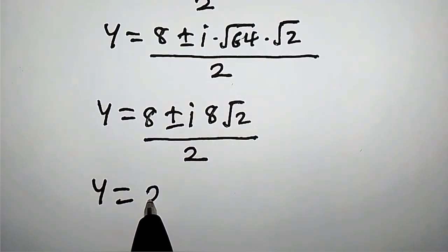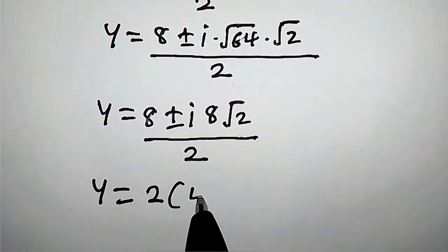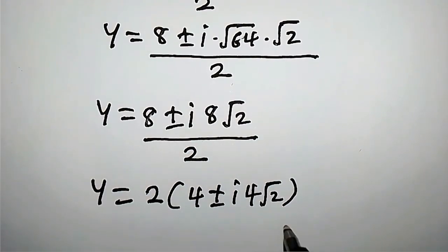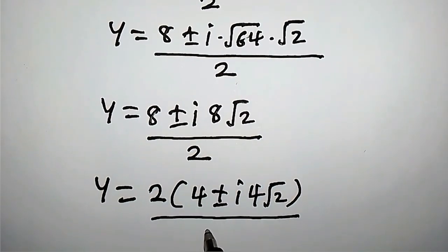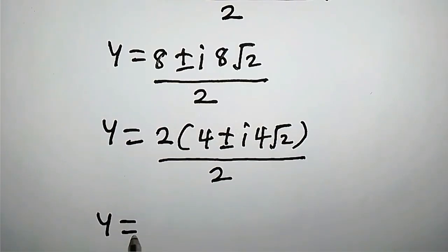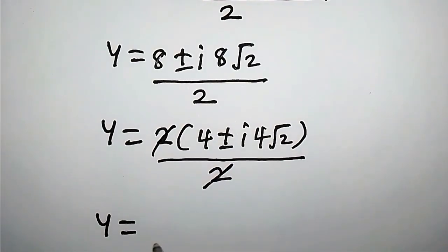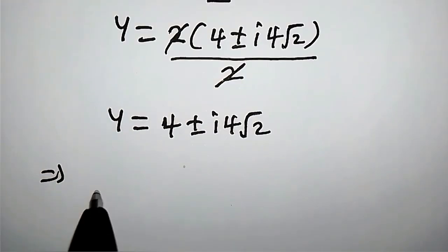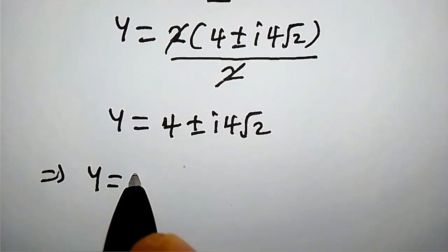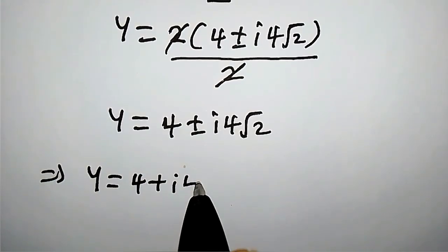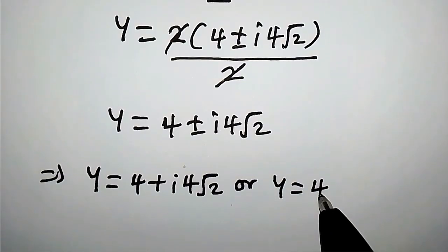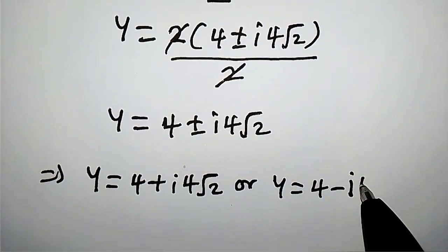That means we are going to have 2 times 4 plus or minus i times 4 root 2, divided by 2. The 2 cancels the 2, we are left with 4 plus or minus i times 4 root 2. This implies that y is equal to 4 plus i times 4 root 2, or y is equal to 4 minus i times 4 root 2.